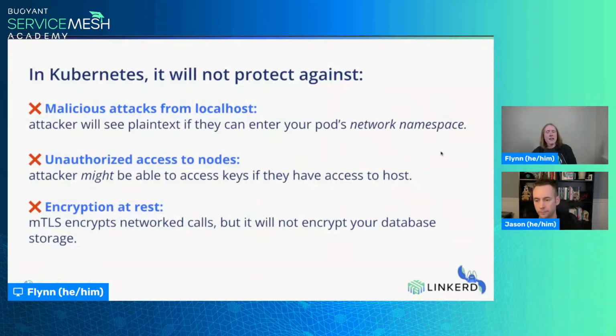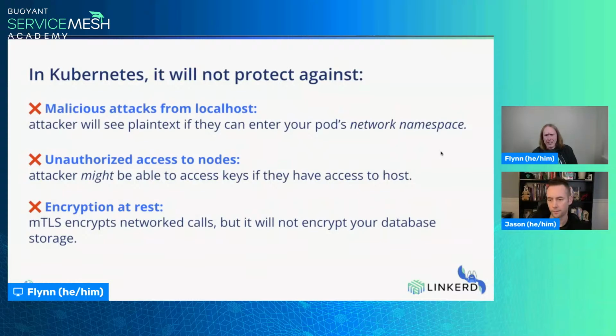Okay, what can mTLS not do? Some of these are true everywhere. Some of these are only true in Kubernetes. But in Kubernetes, because of the way Kubernetes networking works, if your attacker can get access to localhost, by which I mean they have RBAC permissions to go and execute a process on a container within a pod, they can run any of various network tools and they can intercept traffic as it passes around the localhost network.